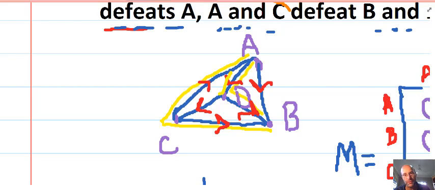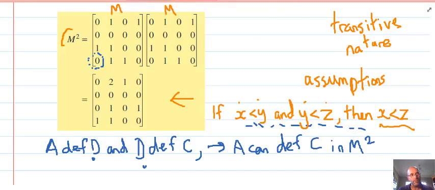Sorry, that last one is incorrect. There's only 2 paths. So M squared basically looks at all the 2-step dominance points, and it adds them together, and the sum total at the end will be our 2-step dominance vector, our second stage.